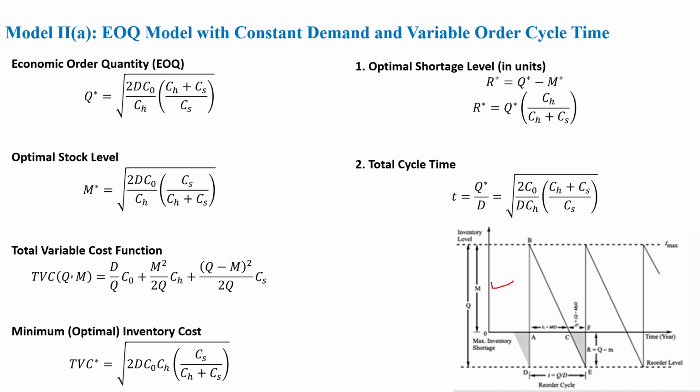And next one, optimal variable inventory cost TVC star equal to root of 2D C naught CH into CS divided by CH plus CS. And a few more formulas. Optimal shortage level R star equal to Q star minus M star, and total cycle time T equal to Q star divided by capital D.